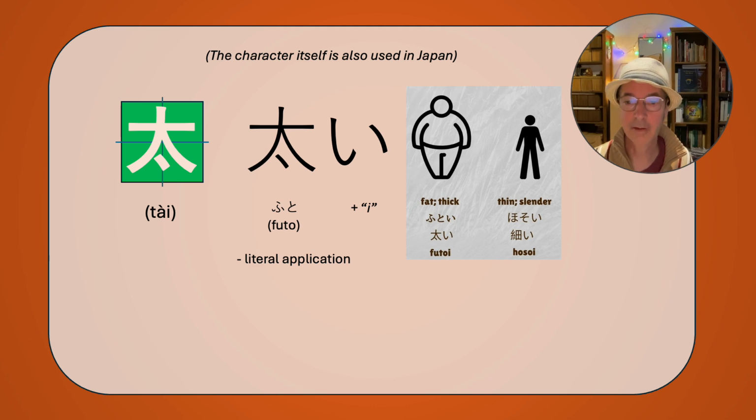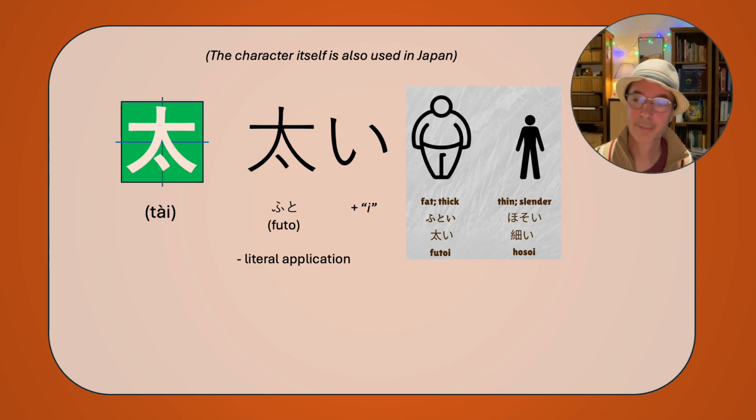Futo is the word itself, and futoi is an application of that word, of that character. So it becomes more. It becomes also more in a person, but it's taken very literally. So that is a fat man or someone who is thick, and that extra taken literally is quite funny actually if you see it with the association of the English word thick.